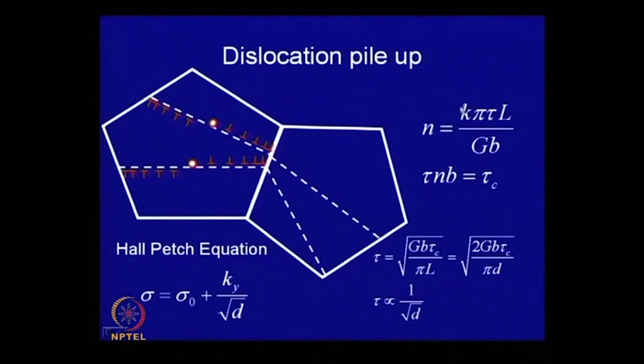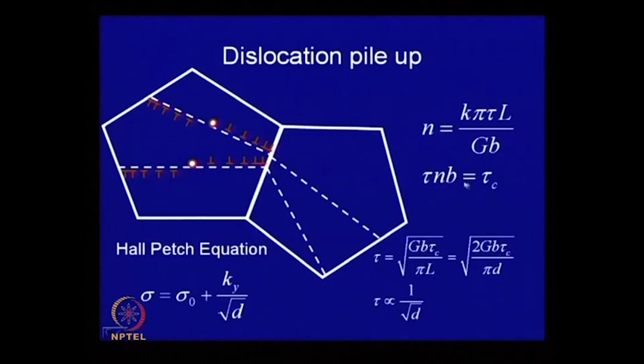We can approximately take k to be 1, and in that case you see that the length of this dislocation pile up is L, which is approximately half of the grain diameter.